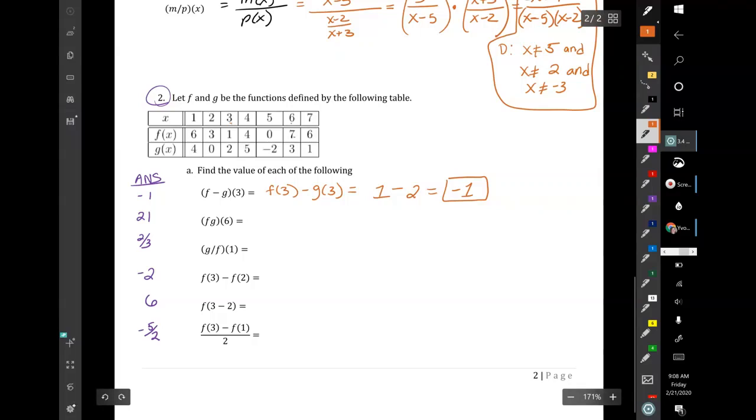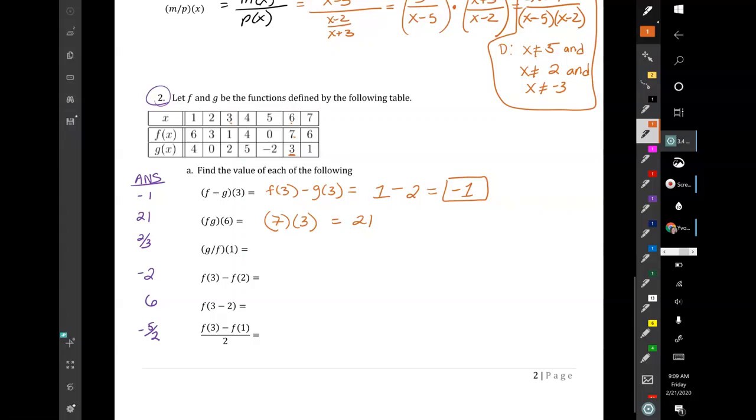The f of x output is going to be 7. The g of x output is right here at 3. So my answer is 21. So you notice I'm kind of skipping writing out all the separate things. I think you've probably got that by now.